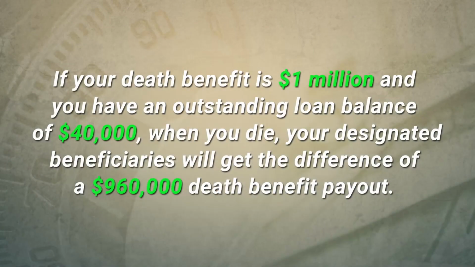Still, when you die, instead of now getting $1 million death benefit, the life insurance company is first going to pay off that policy loan. So we said it grew to $40,000, so they're first going to pay themselves back, and now the remaining $960,000 is the money that's going to flow to the beneficiary named in your life insurance policy.